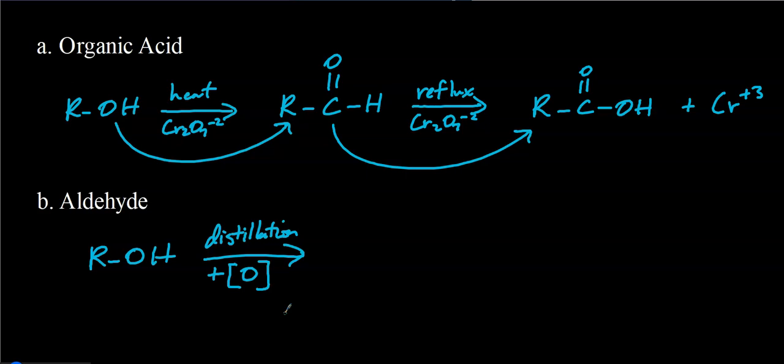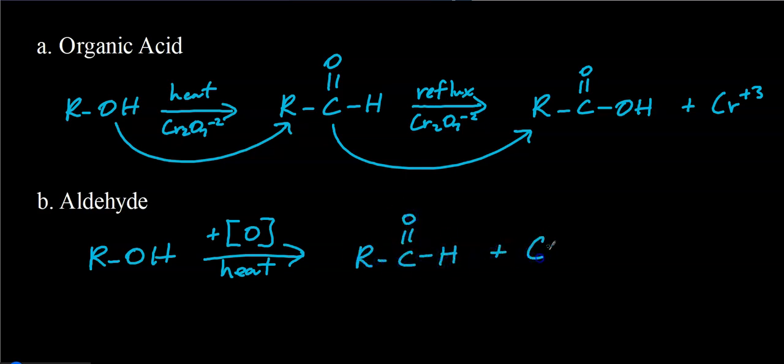So we could write it that way, or we could just put it this way as well. And if we don't have enough room over the arrow, we can write it under the arrow. So we can mix this with an oxidizing agent and heat it up. And in this case, we will get, of course, just the aldehyde, along with our, again, chromium-3 ion.